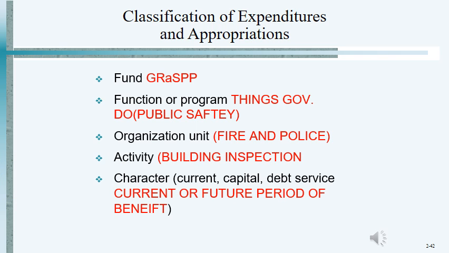Okay, let's go ahead and let's take a look at this slide now. And all we're talking about here is labels, classifications that can be put on our expenditures in our statement of revenues, expenditures, and change in fund balance. And we saw some of that when we were just looking at that.